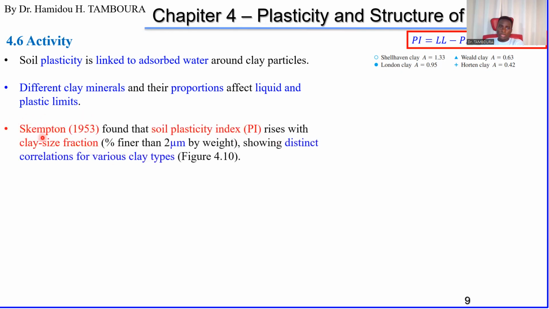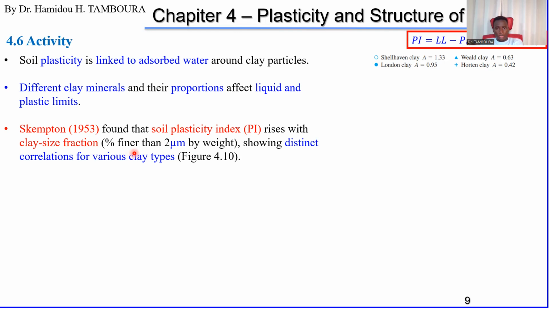And we have this Skempton that found that the plasticity index, the PI, increases with the clay size fraction, meaning soil particles smaller than 2 micrometers. Okay, the percentage of this type of soil, maybe clay, for example.